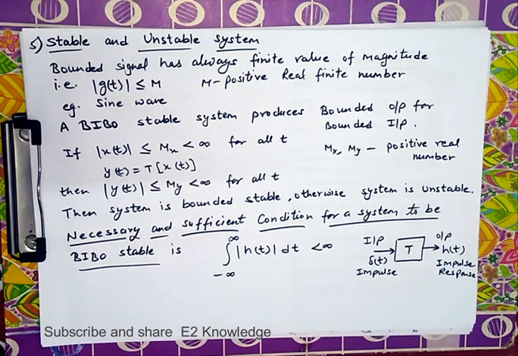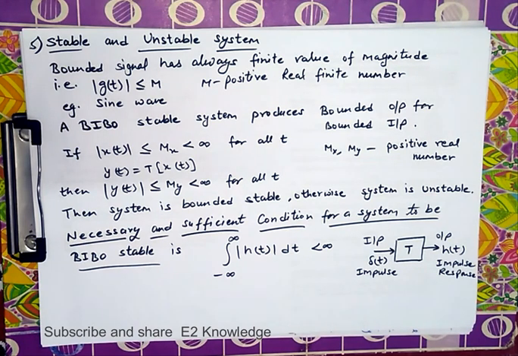So these are the basic types of systems, the classification of systems. Definitely there are other classifications also, but we will not study them because this subject does not deal with them so much. Such as invertible and non-invertible systems, which can be inverted, which can be reverted back. It is an invertible system if the system has a unique relationship between its input and output.